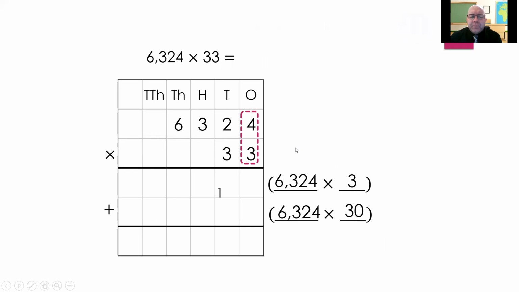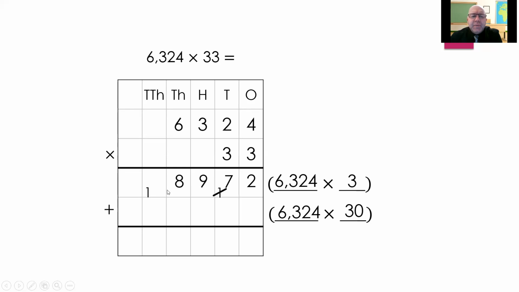3 times 4 is 12. 2 goes in. The 10 ones become a 10, so we exchange that, carry it across. Then 3 lots of 2 is 6, plus the 1 there, 7. 3 lots of 3 is 9, and 3 lots of 6 is 18.